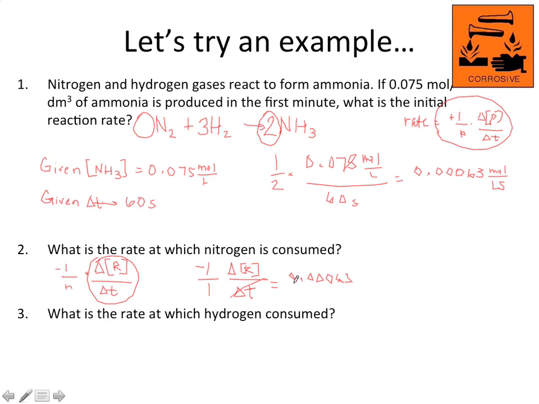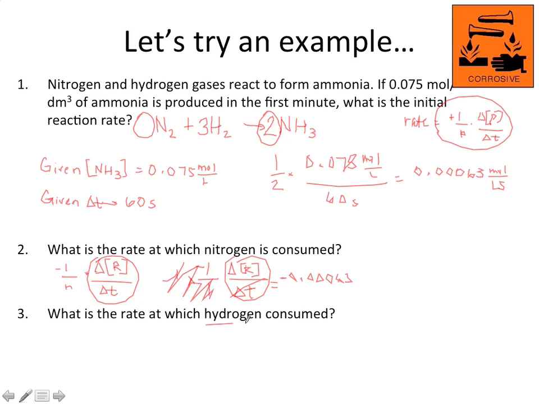I want to get the rate here on its own, so I'm going to multiply both sides by a negative 1. So it cancels it out on this side, and it just makes this side negative. So my rate that nitrogen is consumed is just the opposite of what I calculated for my NH3 being produced.